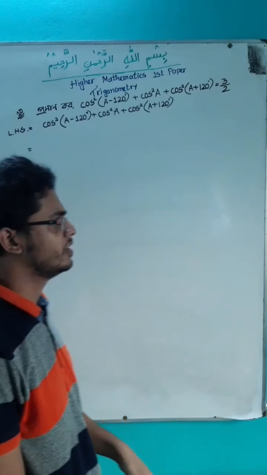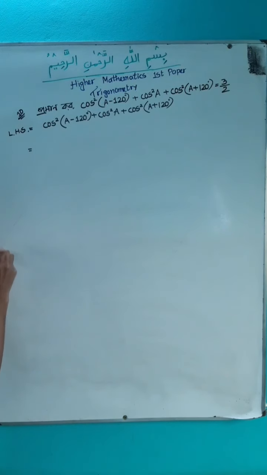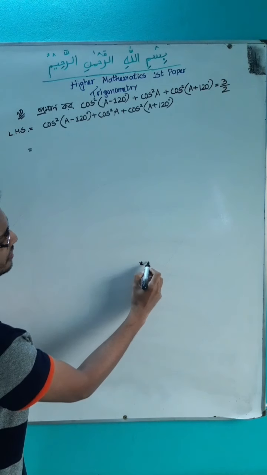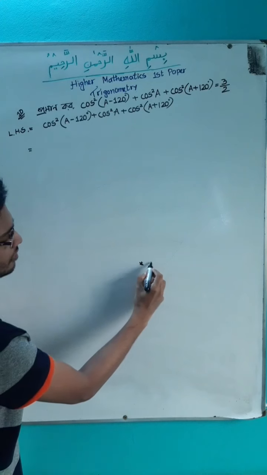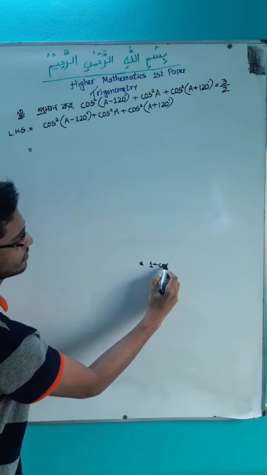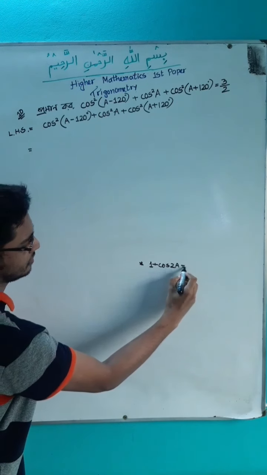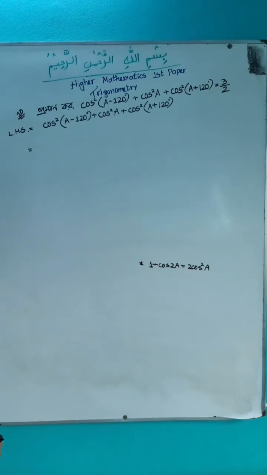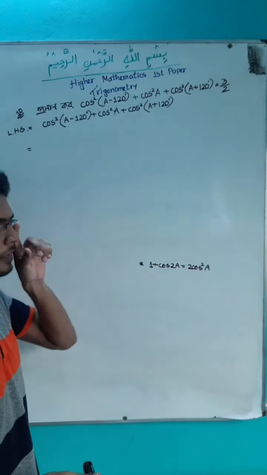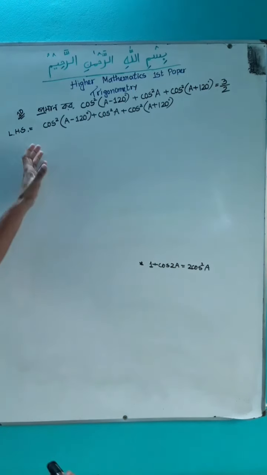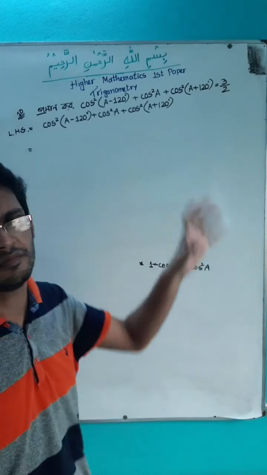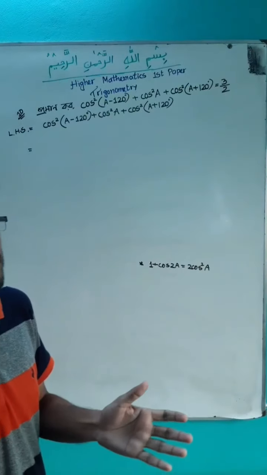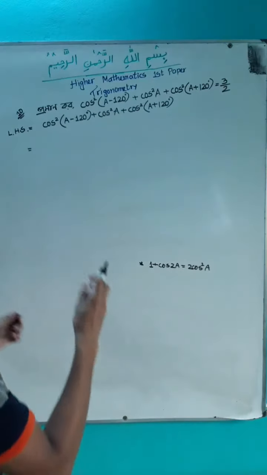So we have to use this formula, 1 plus cos 2a equals 2 cos square a. So to get 2 cos square a, we need to multiply the whole term by 2 and then divide it by 2. That's how we can adjust the left hand side.